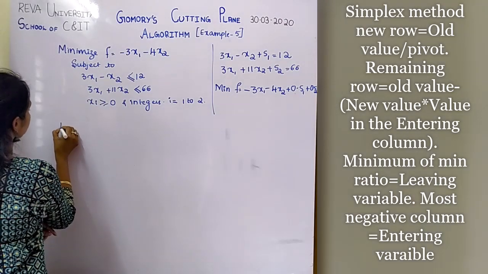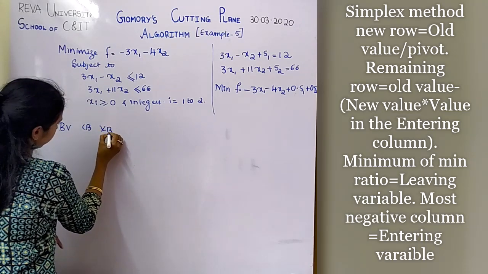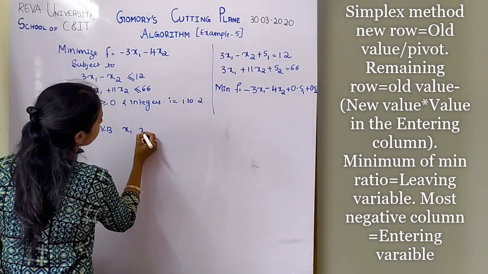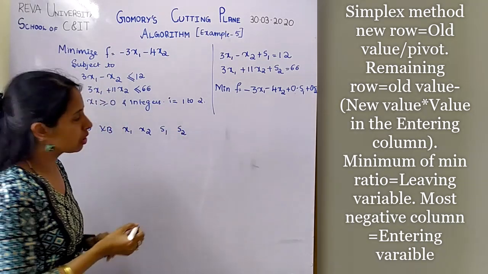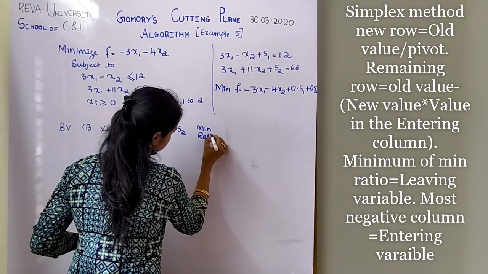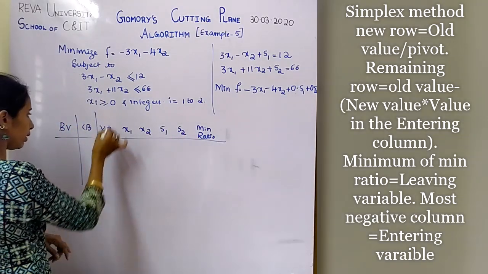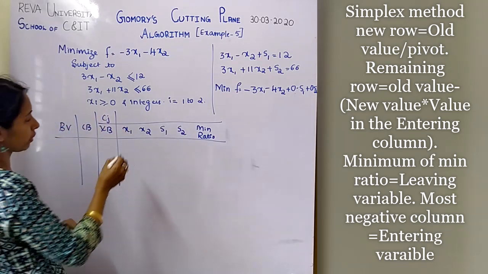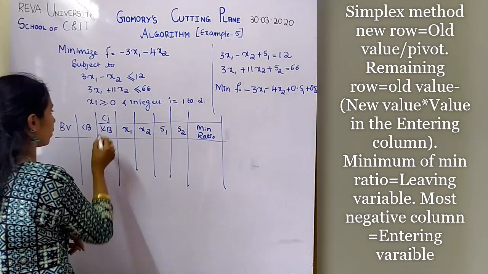So you know the simplex method table: BB, CB, XB, the decision variables x1, x2, slack variables s1, s2, and your minimum ratio. Here you have to write the Cj value coefficients.